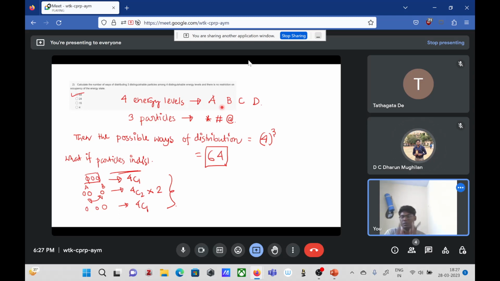Just as Tathagata said, we cannot assign two energy levels for one particle. That is contrary to our physical sense. That's why you cannot write 3 to the power 4. That is not equally probable when we are in the case of energy level, right?